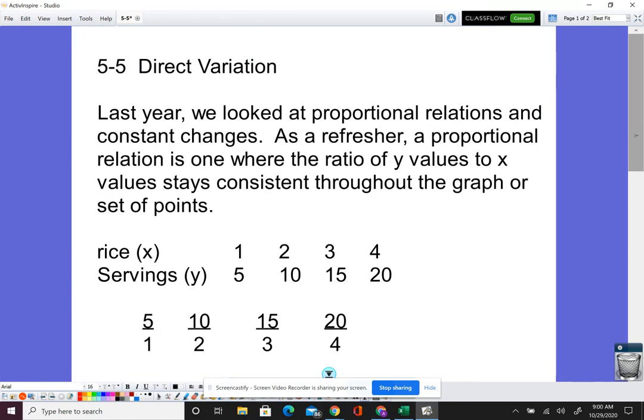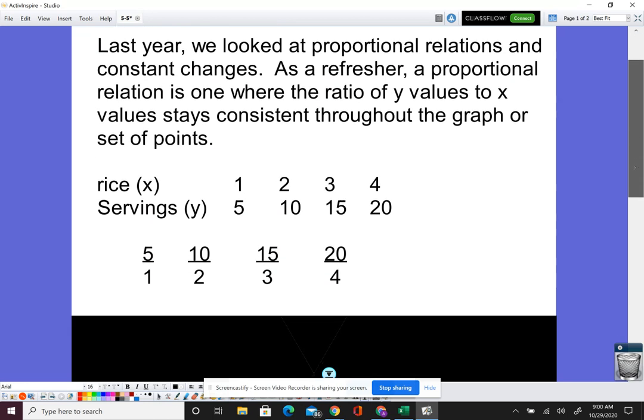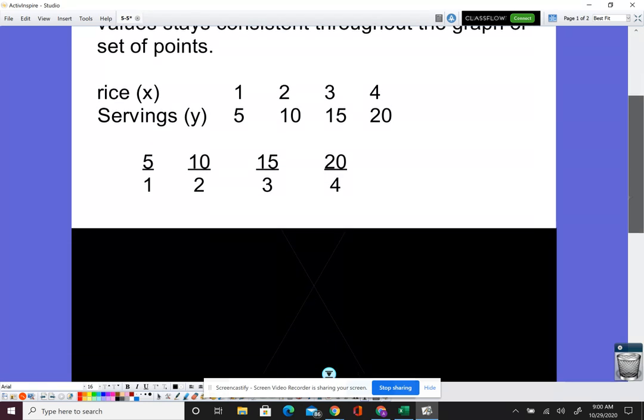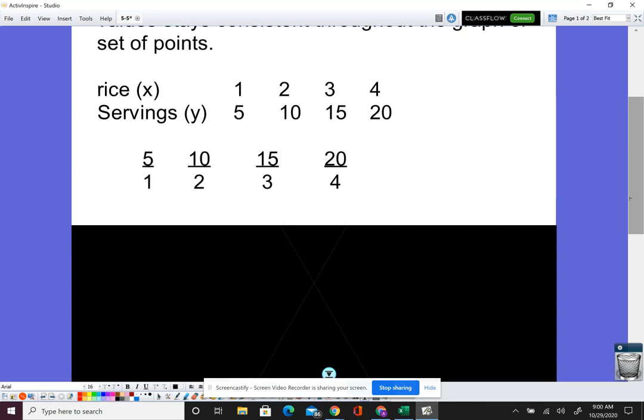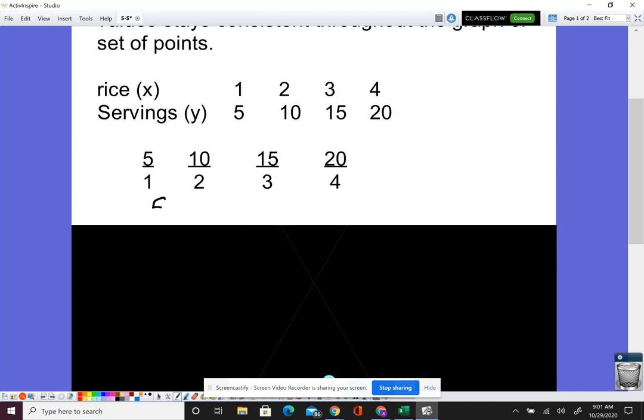A proportion is just a ratio of the y values to the x values. So when we look at this chart here, for the rice, the number of cups, and then the number of servings that we get out of those cups of rice, we see that if we put our y value over our x, we get a ratio, and this ratio reduces down to 5. 10 over 2 reduces down to 5. 15 over 3 reduces down to 5.